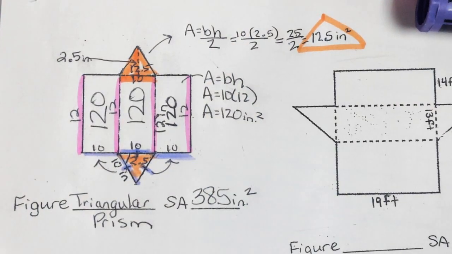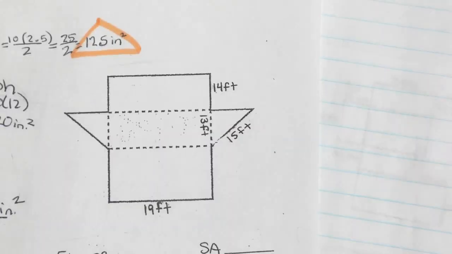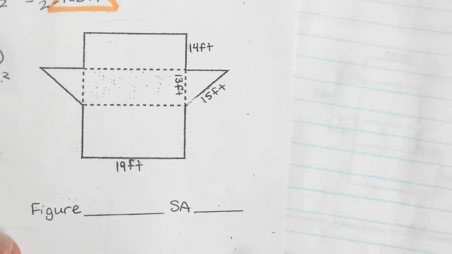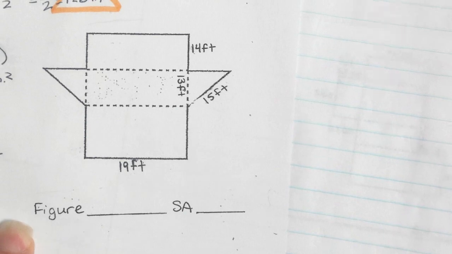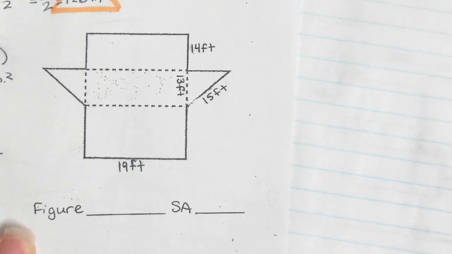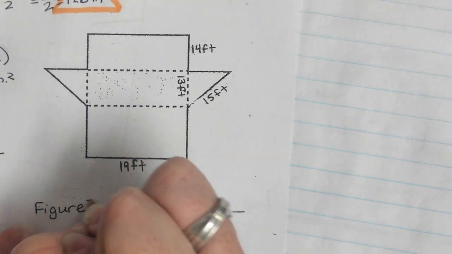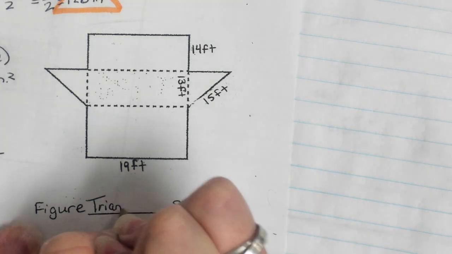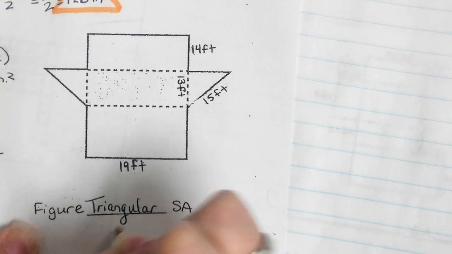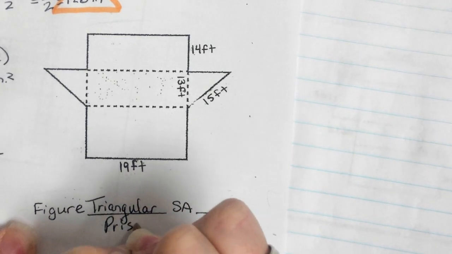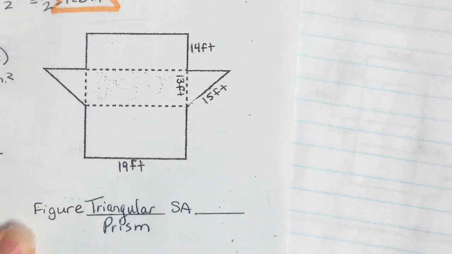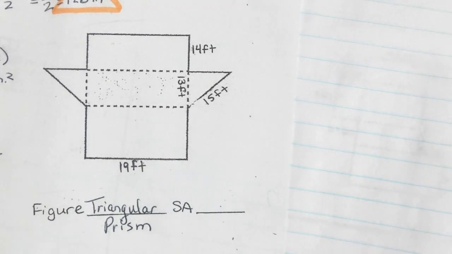Okay, here we go. Last one. I like this one. The challenge finally kicks in. It is still a triangular prism, but it's just a little different. It's kind of sideways, okay?